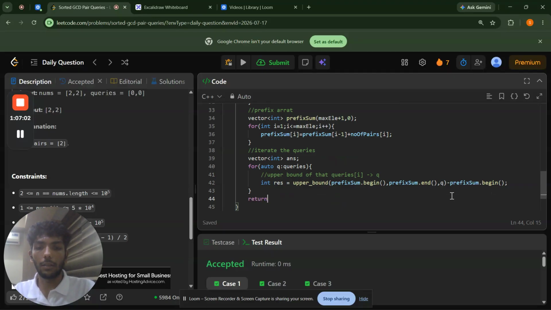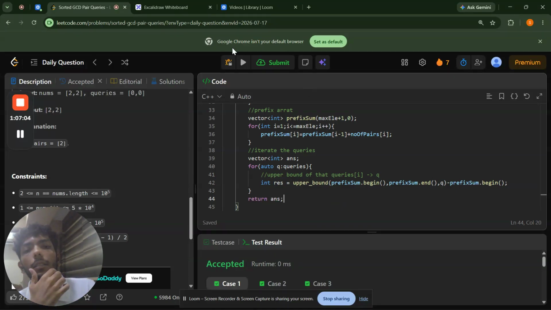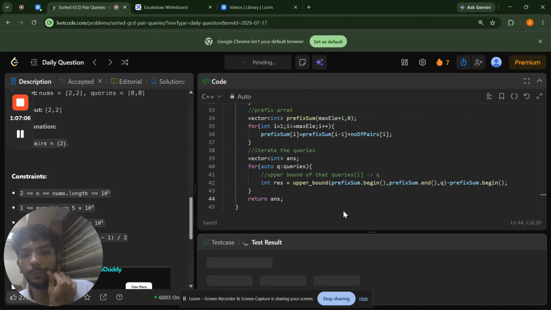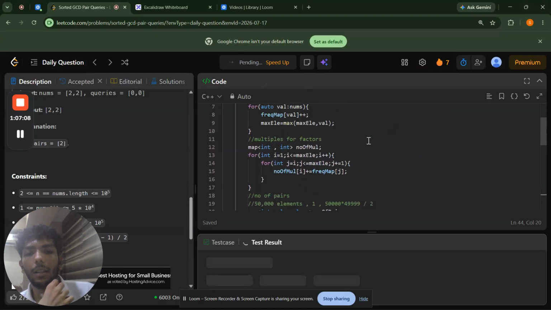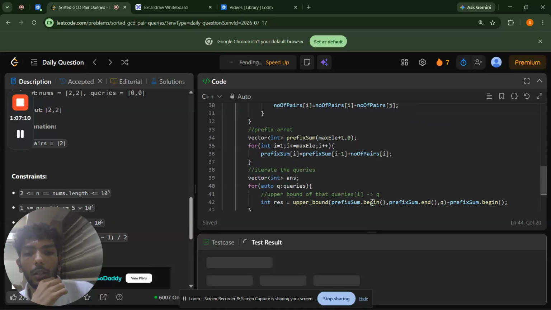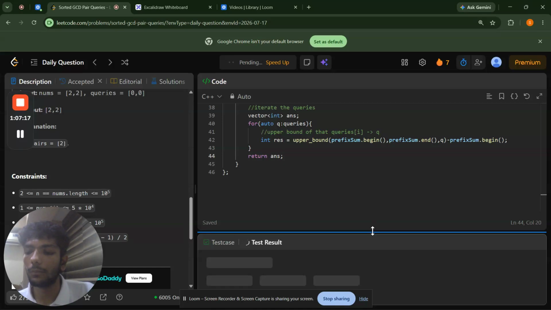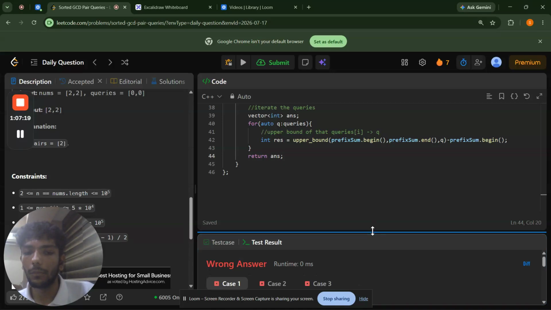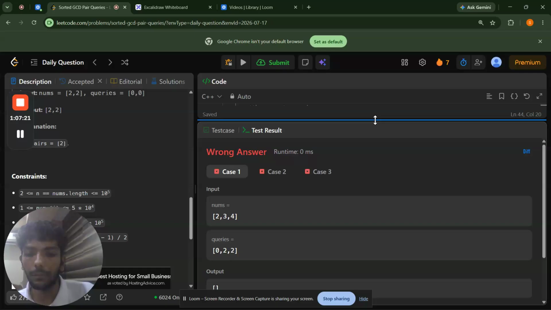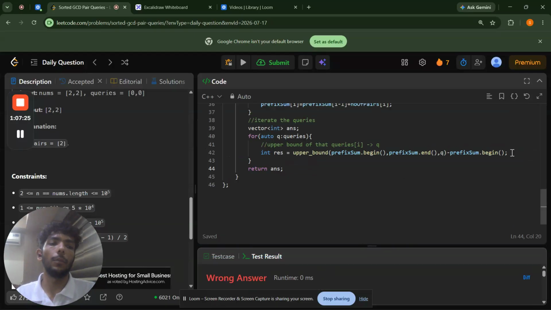From this, as we have discussed, we will get 5, but we don't want that, we want 2. So what we will subtract is the beginning, and return the answer. Let's run this and hope that this works. There are no compilation errors, but there is an error here: we are not pushing back in the answer.